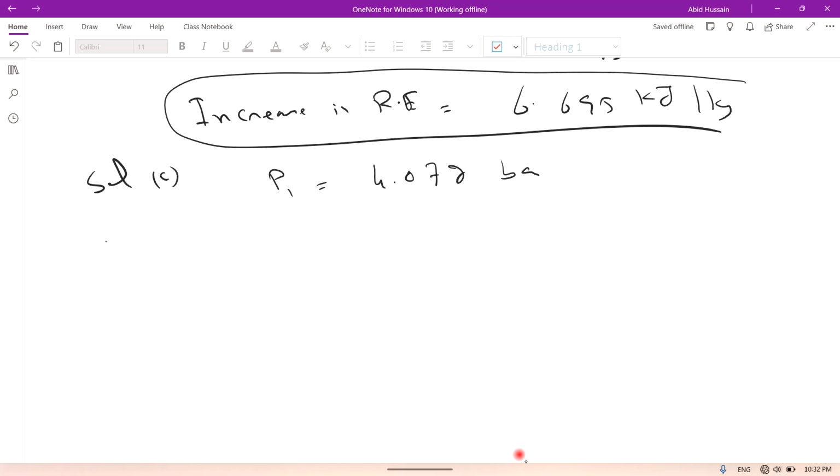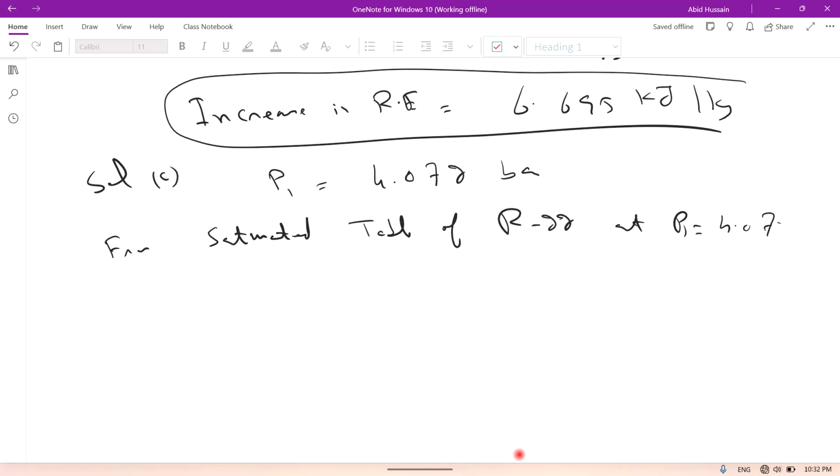From the saturated table of R22 given in the C P Arora book, at pressure 4.072 bar, find H1 dash, which is equal to 403.14 kilojoule per kg.